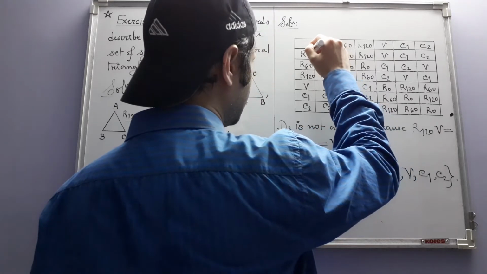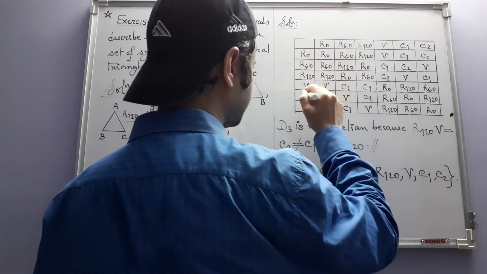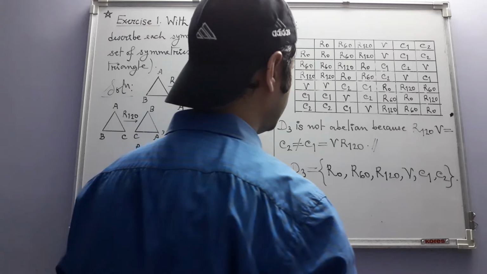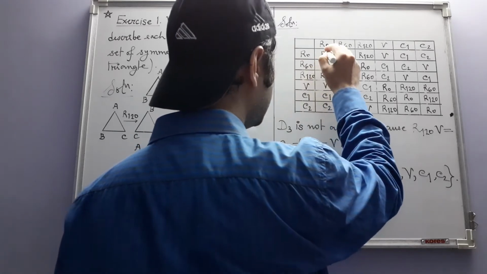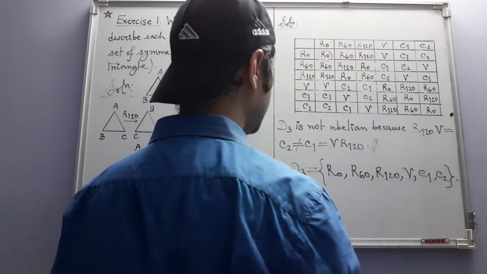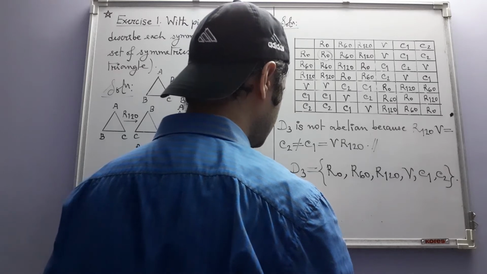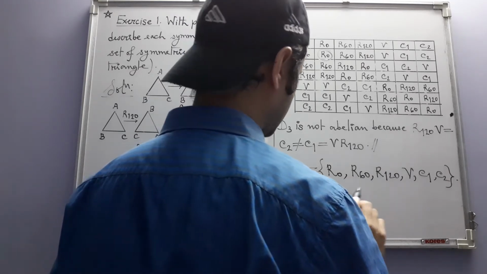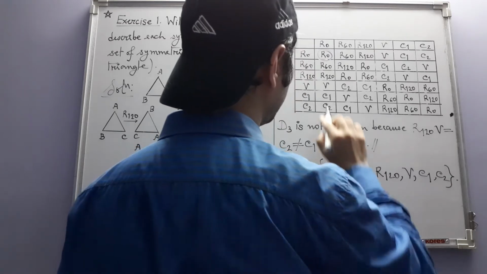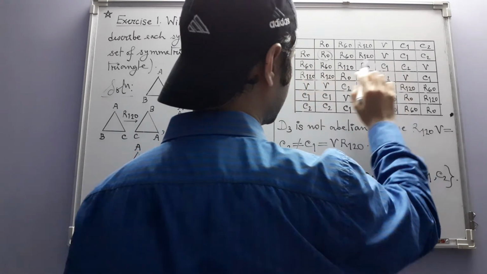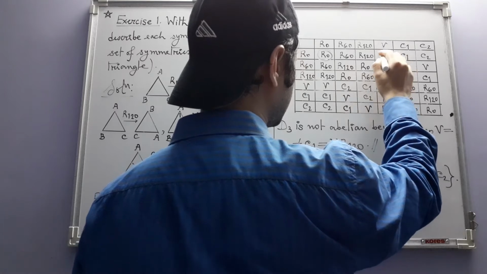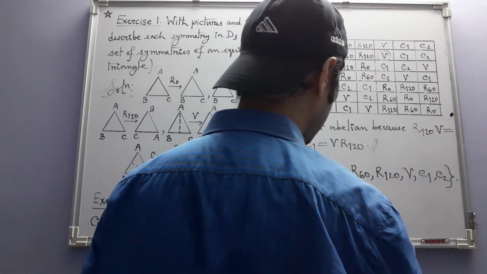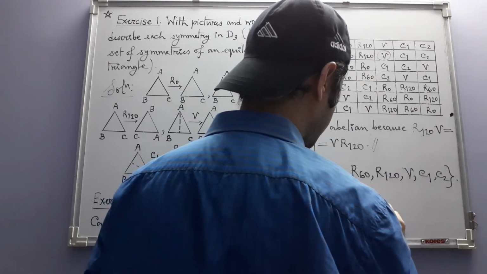So here also we have R0, R60, R120, V, C1 and C2. Now what does this entry tell us? This entry is R0 composition R0. A better one would be to look at this entry, say. This is R0 composition V.